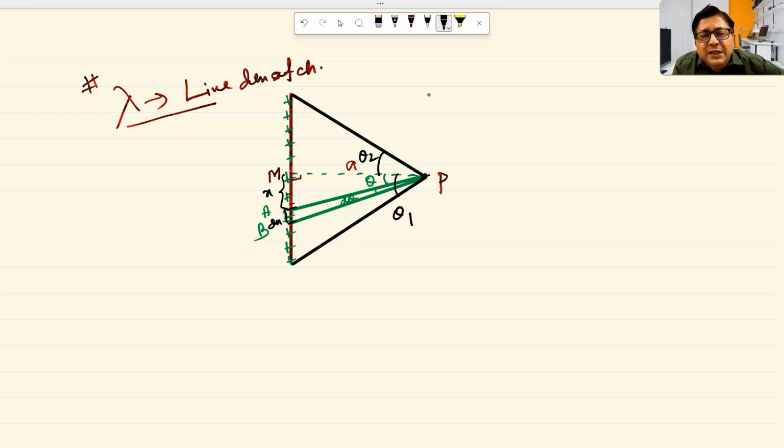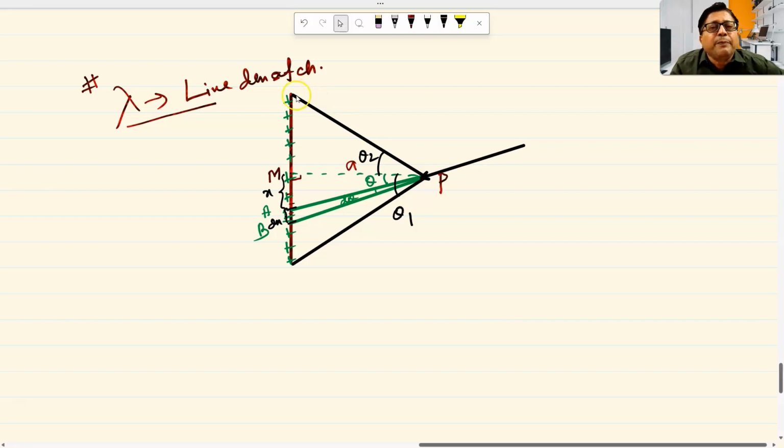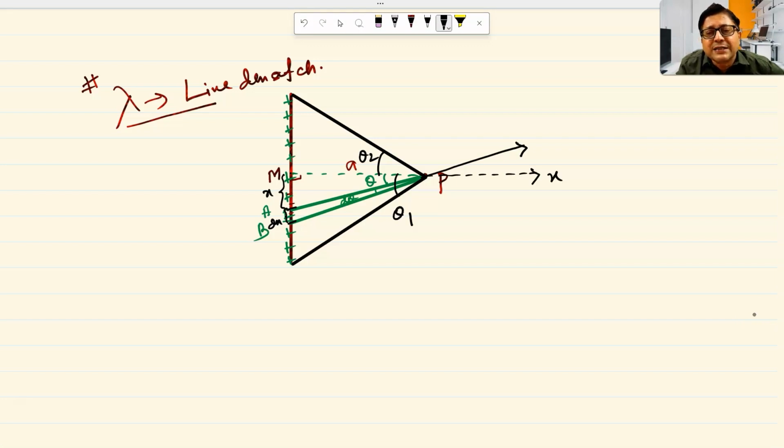So the electric field strength at the point P will be directed this way. This is your x-axis and this one is the y-axis. The unit vector in this direction is i cap, and in this direction it is j cap. Now this angle is theta, and this one is also theta. dE is the strength of the electric field.